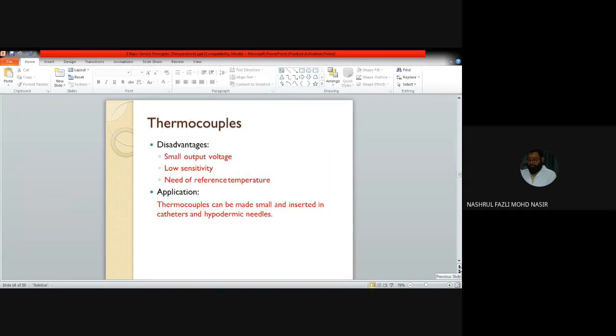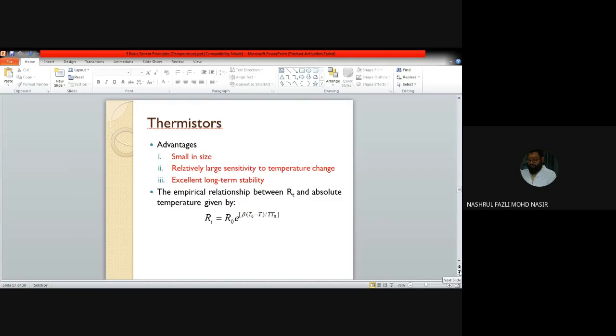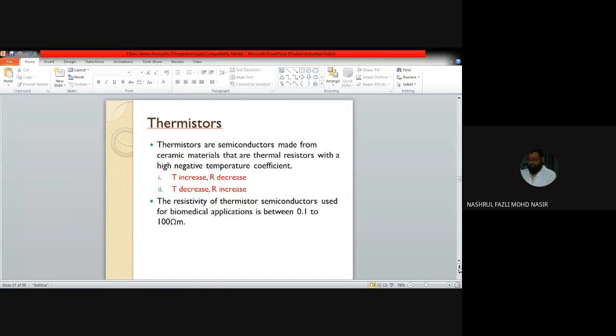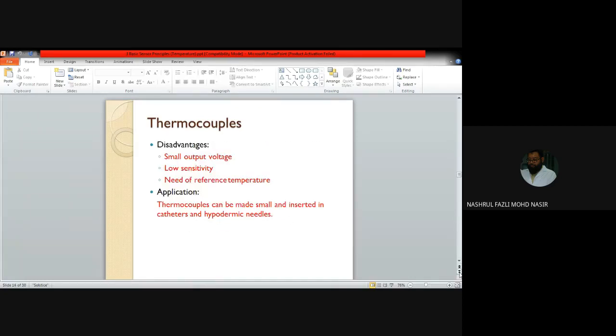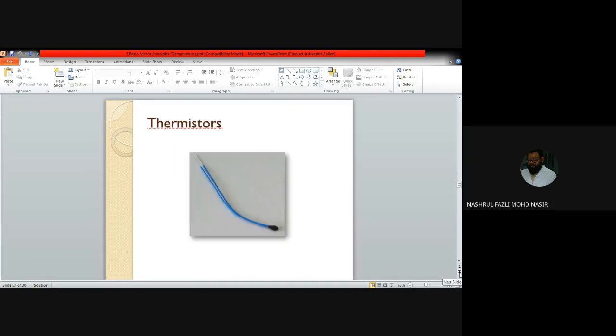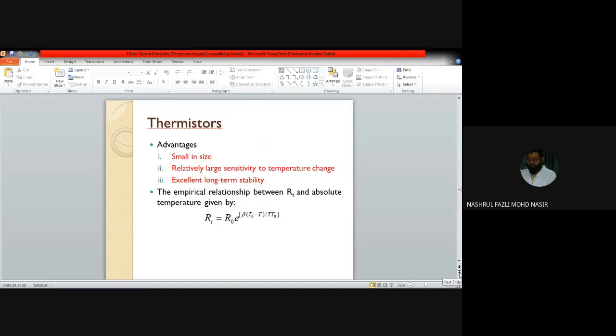Have a look again: the thermocouple has a low sensitivity, the thermistor has a high sensitivity. But both have long-term stability. So there are differences and also similarities between these two sensors.